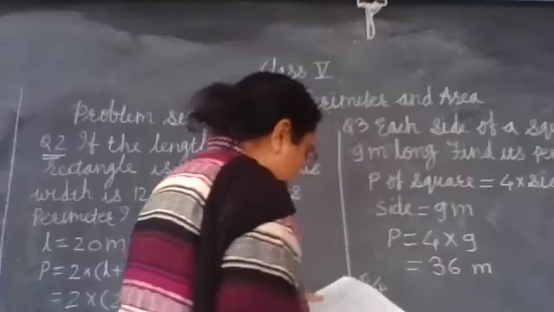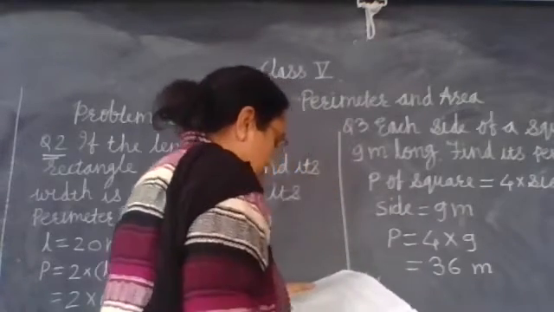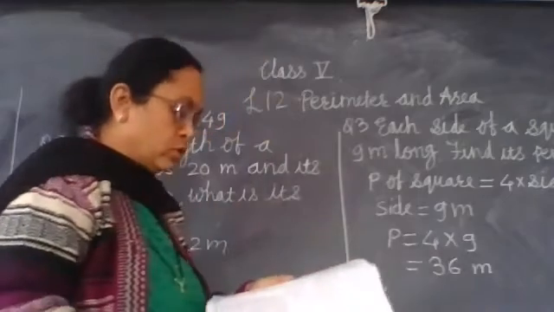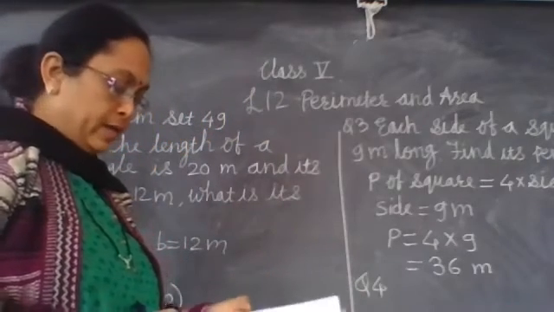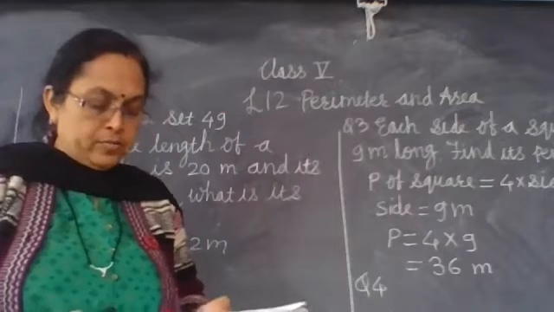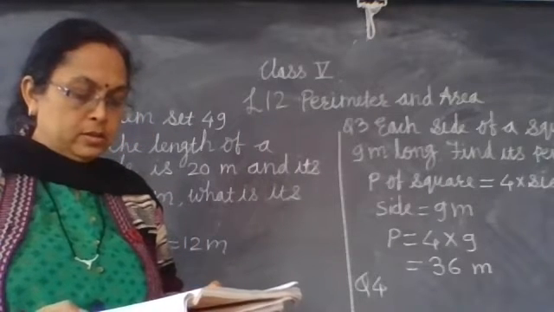Now question 4. If we take 4 rounds around a field that is 160 meter long and 90 meter wide, what is the distance we walk in kilometers?